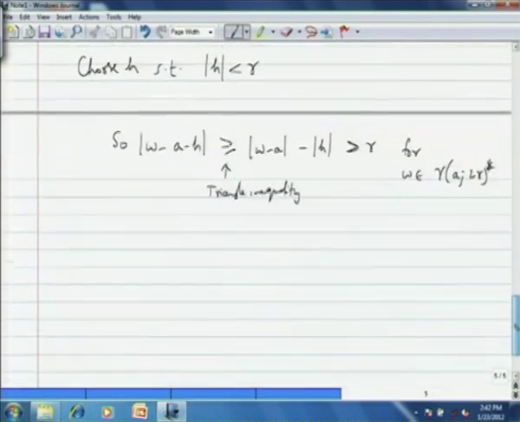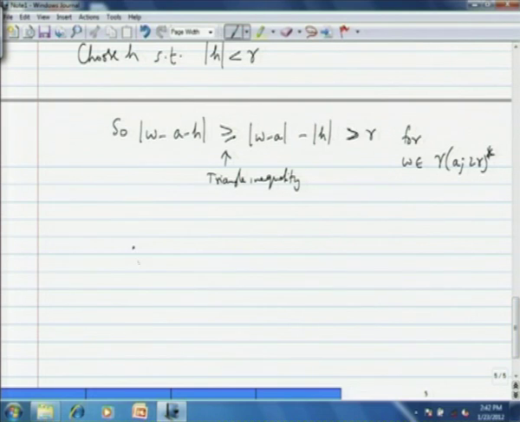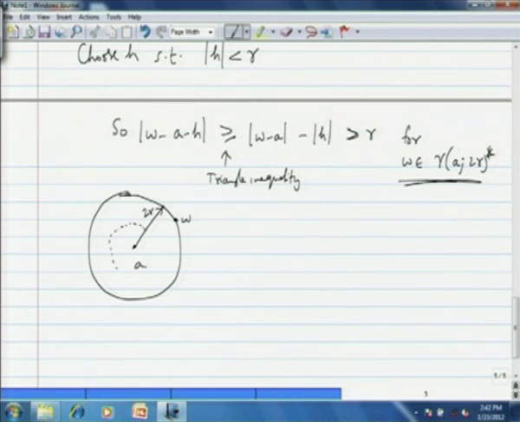Okay. So, what is happening here is you have a, and then you have a circle of radius 2r. I will show the radius 2r. And as your w varies on this circle, w can be any point on this circle. So, you choose h so that the modulus of h is less than r.